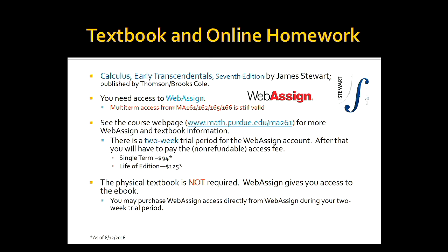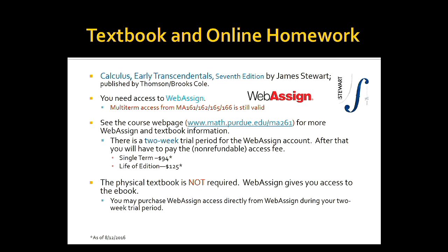Textbook. For most of you, this is probably very familiar. We'll be using the same textbook you had in 161, 2, 5, or 6. James Stewart, 7th edition, early transcendentals. Big, heavy monstrosity. You need access to WebAssign.